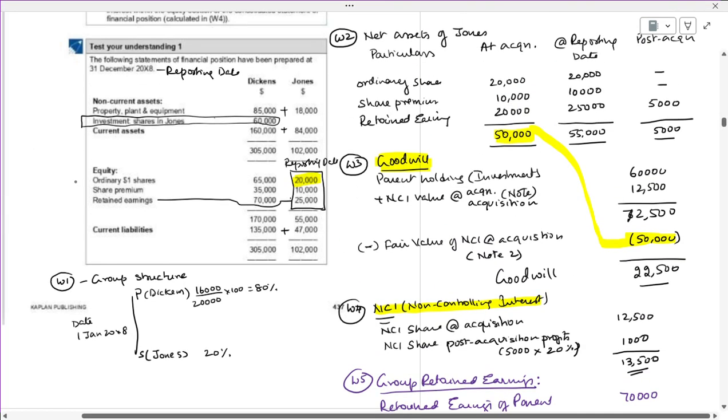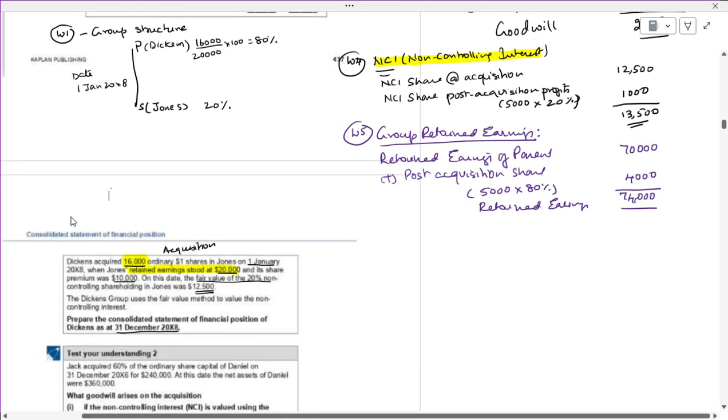We have removed share capital, share premium, retained earnings. We have not done anything on current liabilities, property, plant, equipment, or current assets. We have only taken our investments. Whatever remains, we just add.